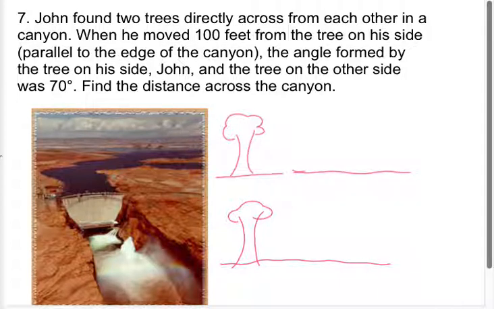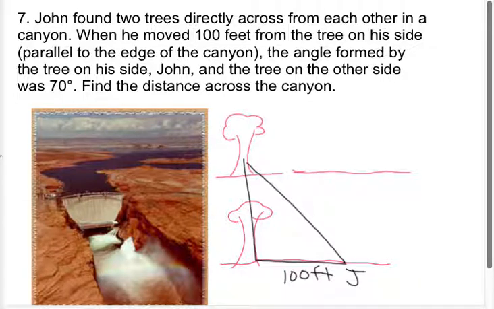When he moved 100 feet from the tree on his side, parallel to the edge of the canyon, okay, so he moved 100 feet over this way, the angle formed by the tree on his side, John, and the tree on the other side was 70 degrees. So, if this is where John is, this was a 70-degree angle. Okay. Find the distance across the canyon. So we're trying to find this distance here.